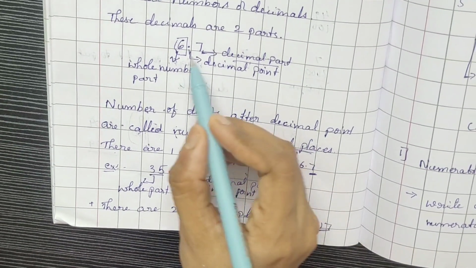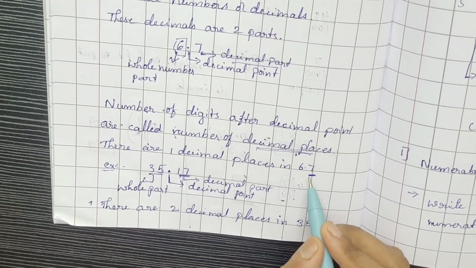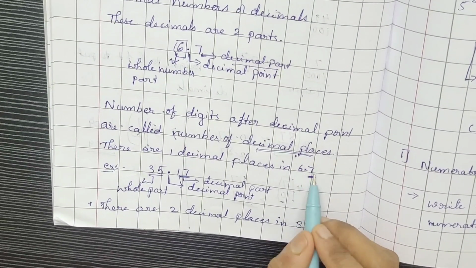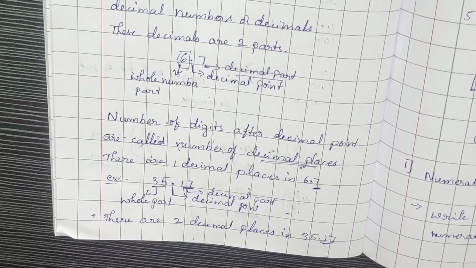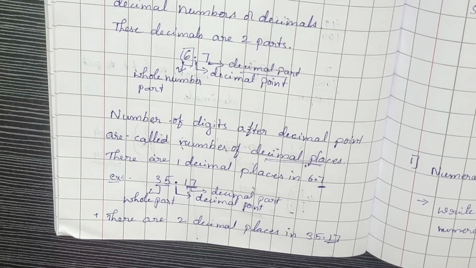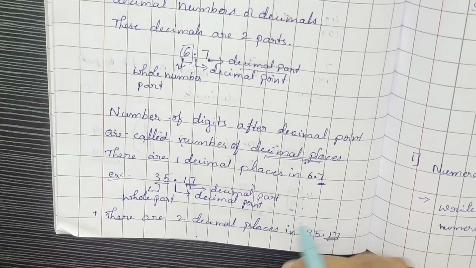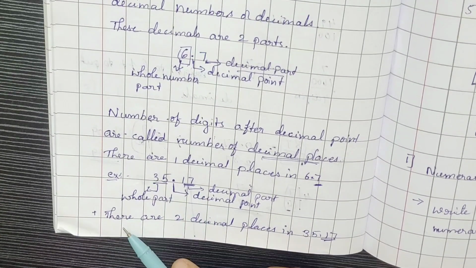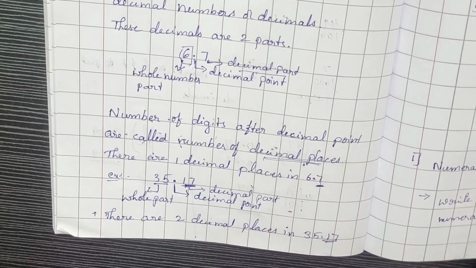Take 6.7. There is 1 decimal place in 6.7. After the decimal point, how many numbers do we have? That is called the decimal places. If it is 6.78, the decimal places are 2. Next, take 35.17. In that there are 2 decimal places, 1 and 7.